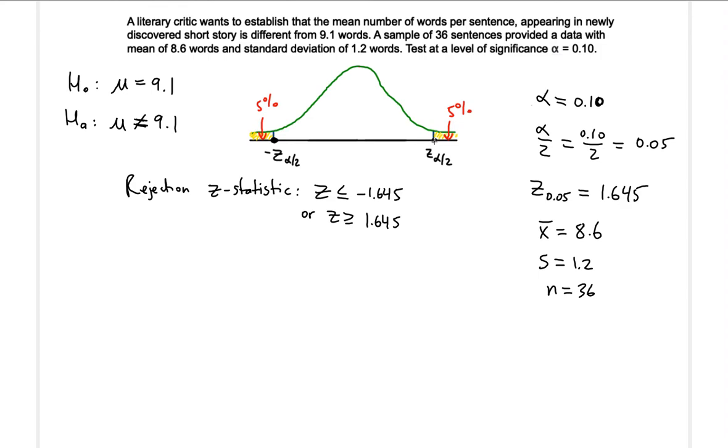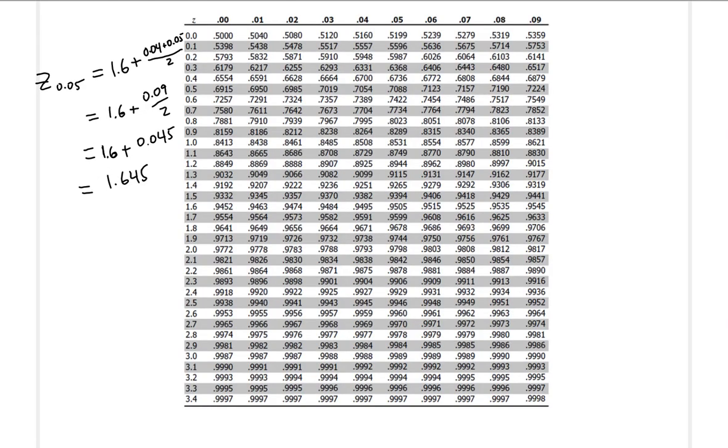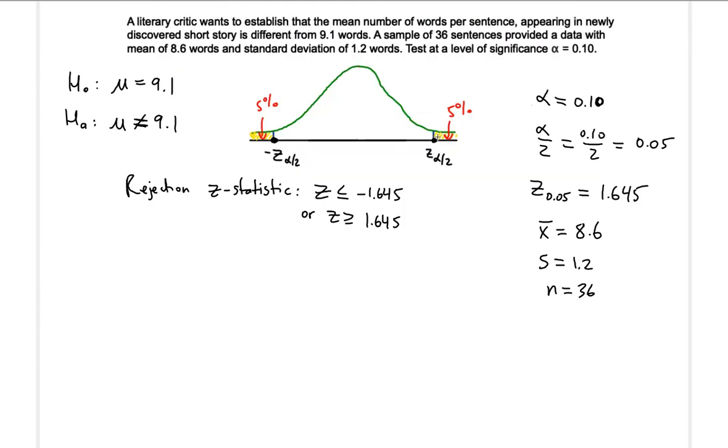It's going to be here because we found that was the 95th percentile, right? We just found that here. So 1.645 and above will be the rejection region. That's why z is greater than or equal to 1.645. But due also to symmetry, since we have another rejection tail region here, we know that the negative z is going to be such that z is less than or equal to the negative of 1.645, right?